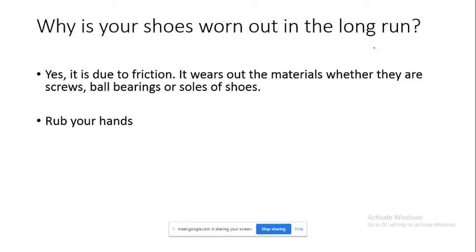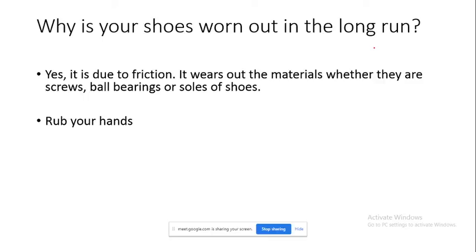If something is moving, it has to move continuously if there is no friction. But friction can also be a bad thing, because due to friction our shoe soles are getting worn out and destroyed.